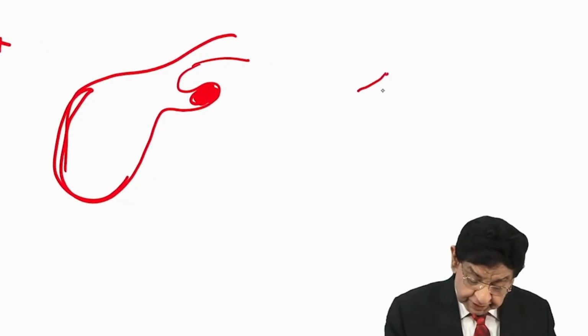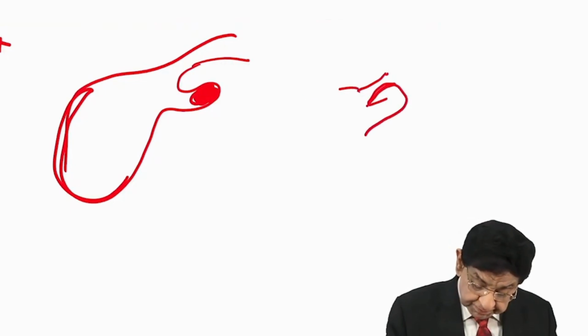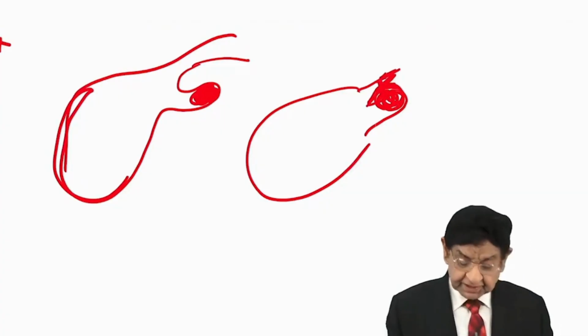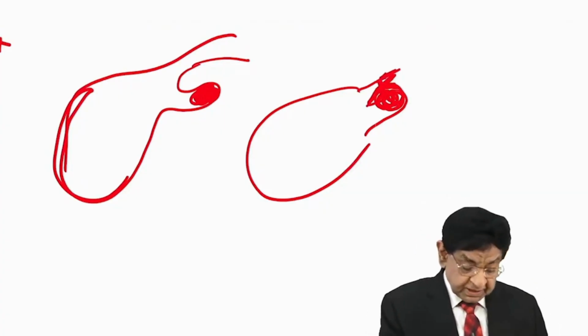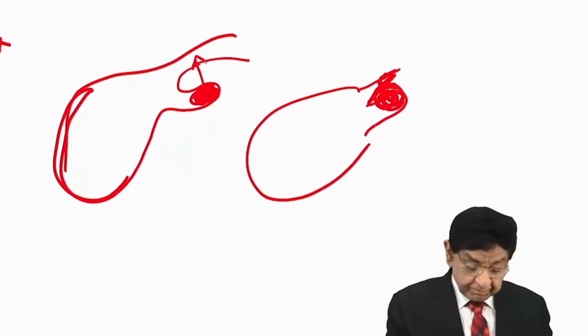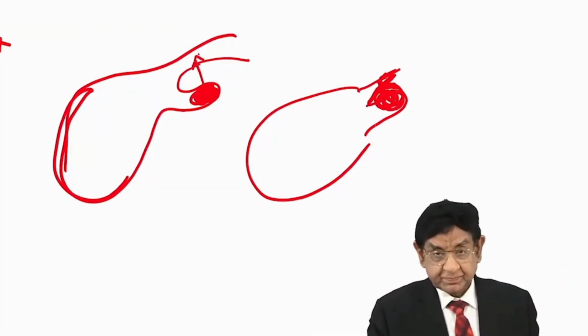So what happens is, in this Hartmann pouch, the stone is going to compress the cystic duct. The cystic duct will get compressed because the stone is there.